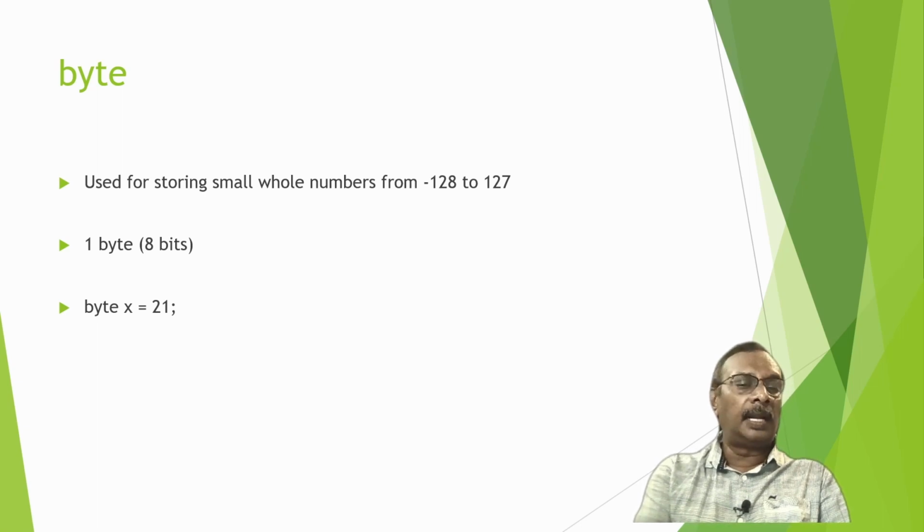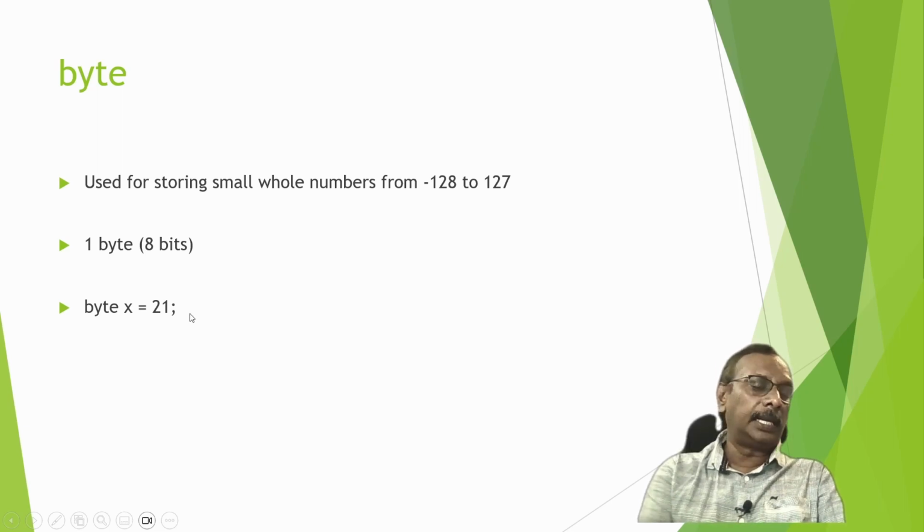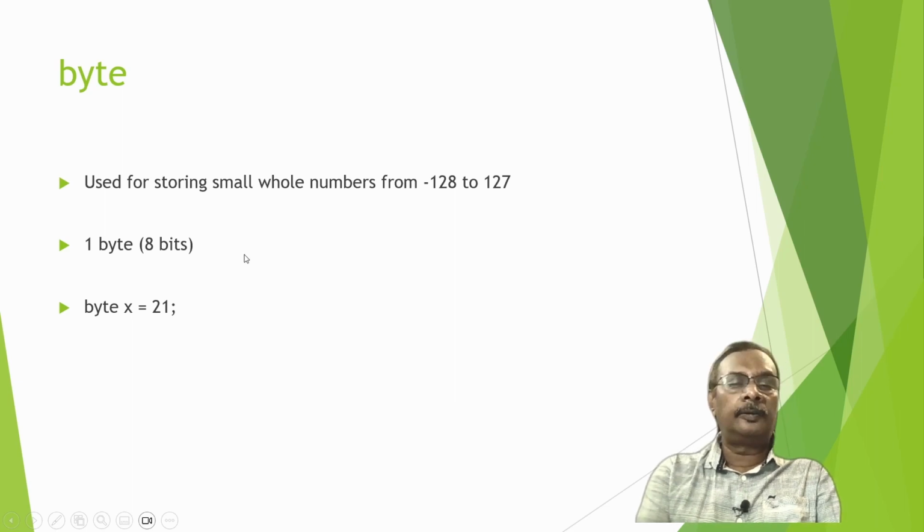The maximum value we can store is 32,000 something, to minus 32,000 something, and similarly you can say short x equal to 21, something like that, which is 2 bytes, a little bigger than byte. So yeah, it's also for whole numbers.